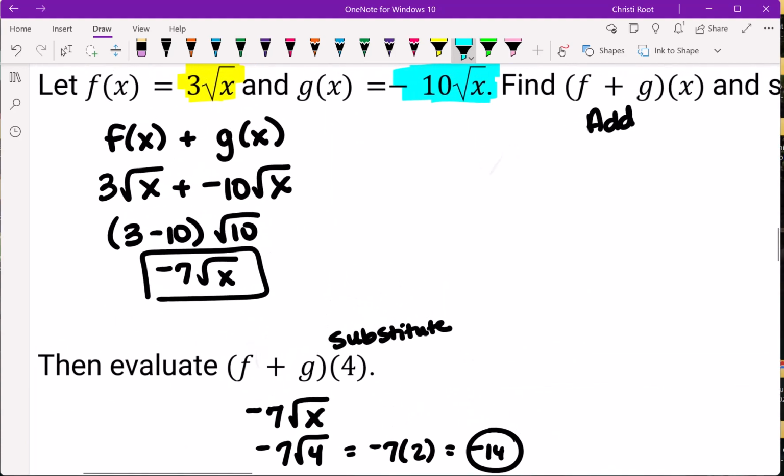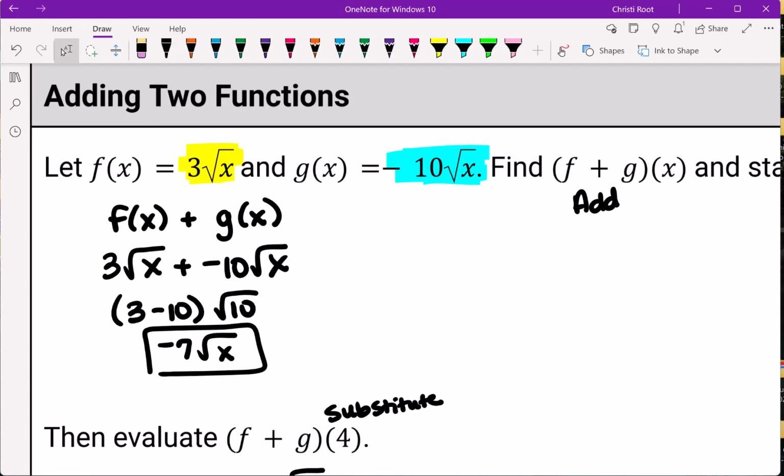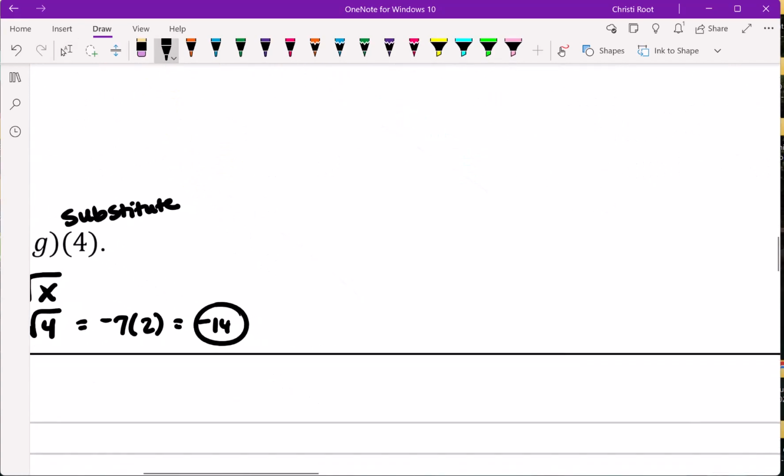Okay, so let's think about what these graphs look like. Those are square root graphs, right? So the domain of this one is going to be, let's write this over here, 3 square root of x. The domain is x greater than or equal to 0. If you use Desmos and you graph it, you should be able to see it starts at 0 and everything greater than 0 is your domain.